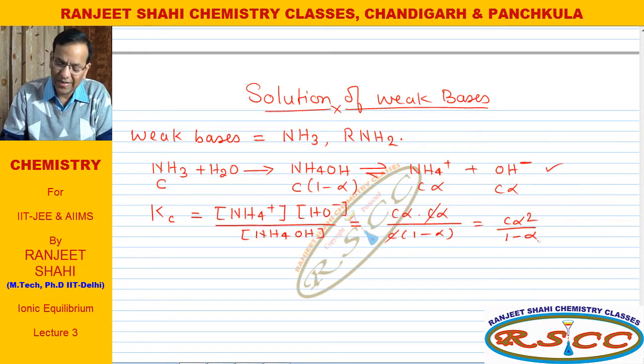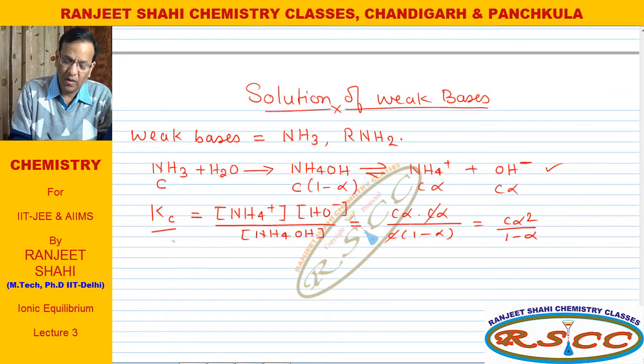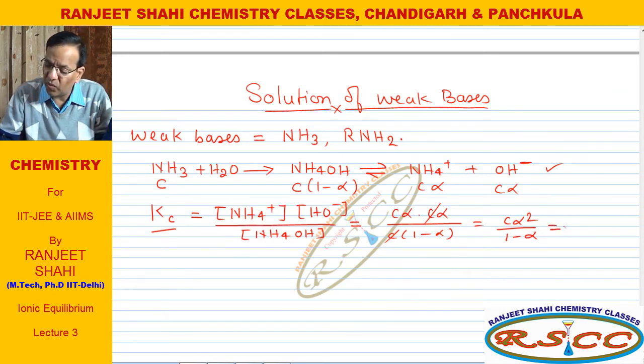So the expression is the same as in case of weak acid. For weak base, this Kc has been given a specific name, Kb, and we call it the ionization constant of base.